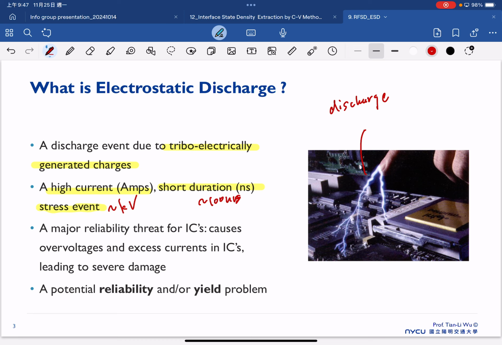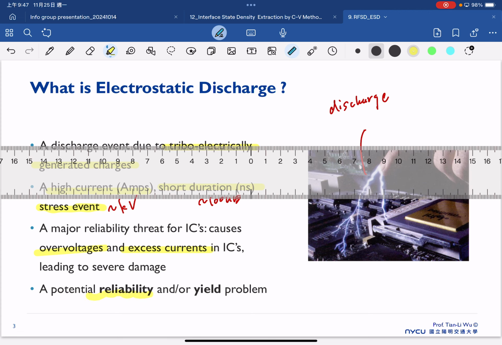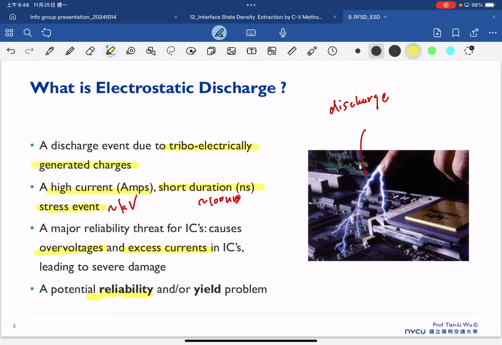So this very high current, short duration, and extremely high voltage is one of the major reliability threats for our ICs, because it causes over-voltage and overcurrent stress in our IC. That causes very severe damage, and this becomes one of the reliability and yield problems.